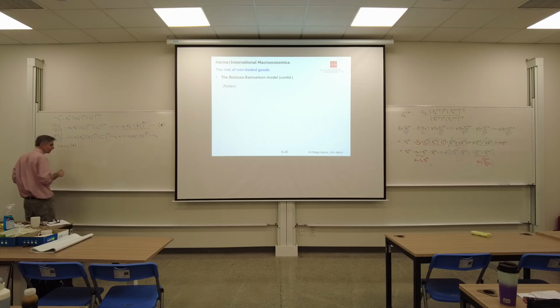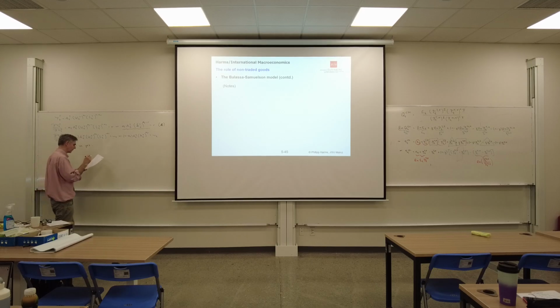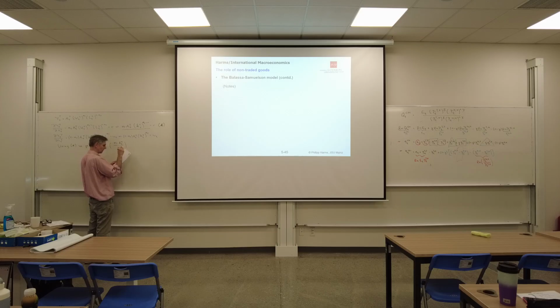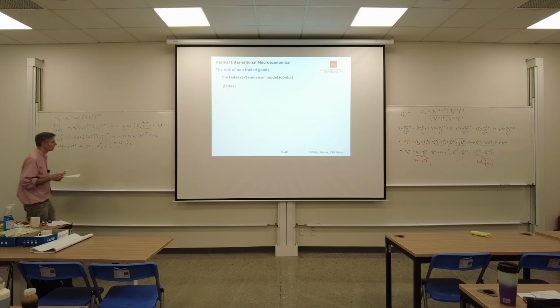So using the beautiful star equation, we get the capital labor ratio in the traded industry is alpha T ATT divided by R to the power of 1 over 1 minus alpha T. Okay, that's just a simple transform.